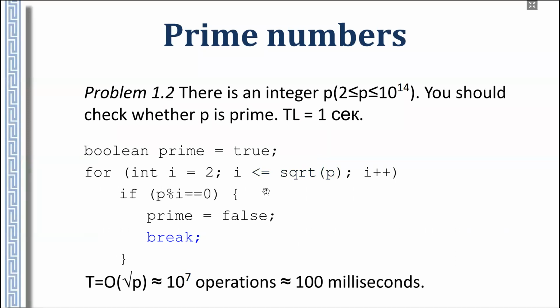We can improve our code a little bit: if we find some number i such that p is divisible by this number i, then we can break our for loop, and the code becomes faster. But in fact, the time complexity will be the same, because if p is prime, then we never break it. But if it's not prime, then we stop there.